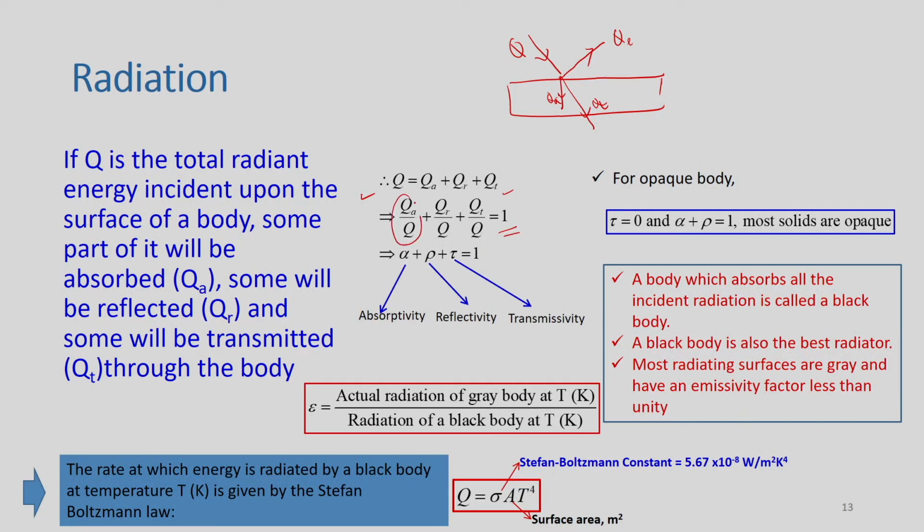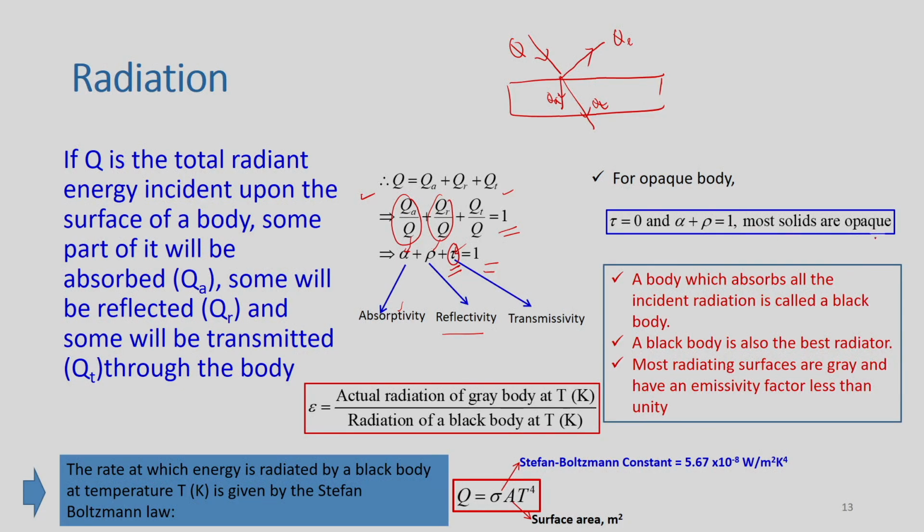QA by Q is alpha, which is absorptivity, QR by Q is rho, which is reflectivity, and QT by Q is transmissivity, represented by tau. So, alpha plus rho plus tau is equal to 1. For opaque bodies, transmissivity will be 0 and alpha plus rho is 1.